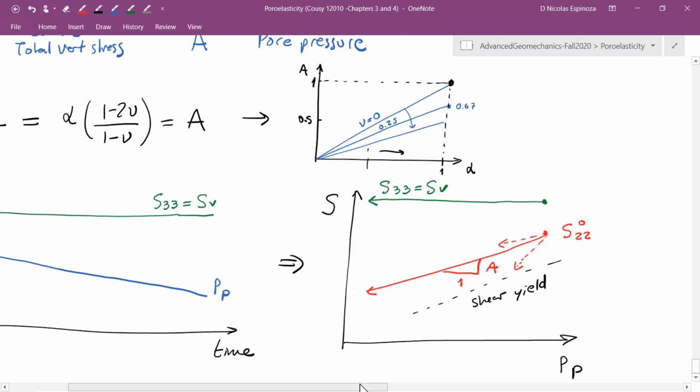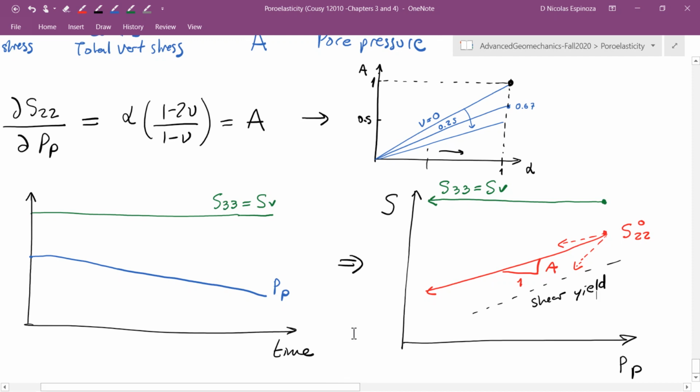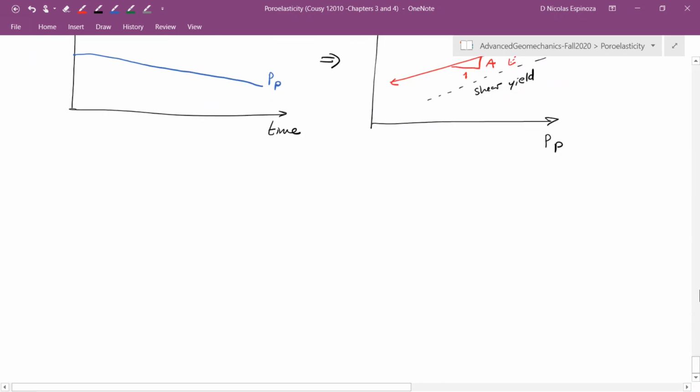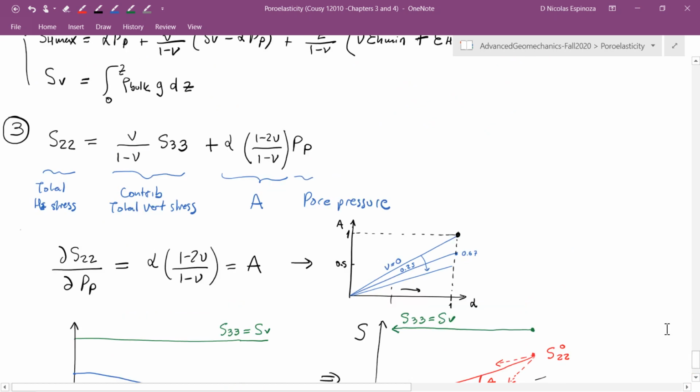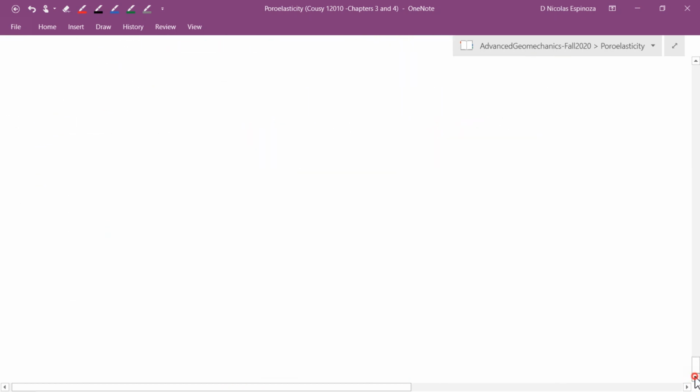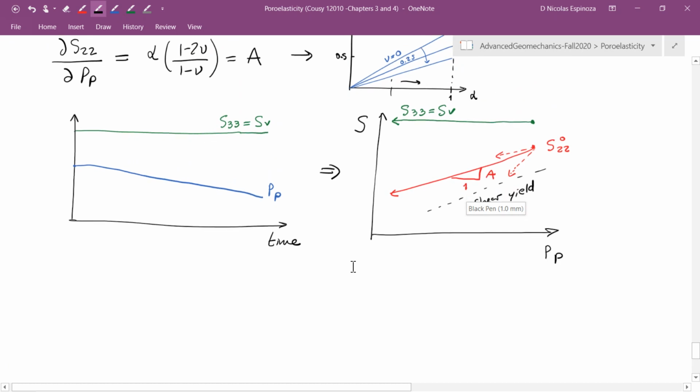Okay, we answered what was the change of horizontal stress with pressure. Let's now answer what's going to be the change of effective stress with the change in pore pressure. Let me make a marker here so I can scroll down more easily. And all right, so let me come back over here.